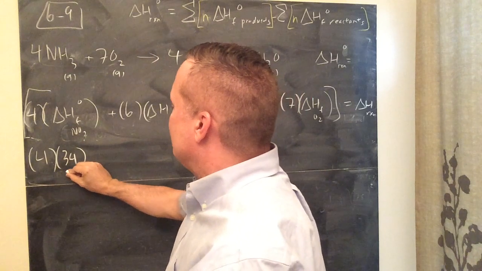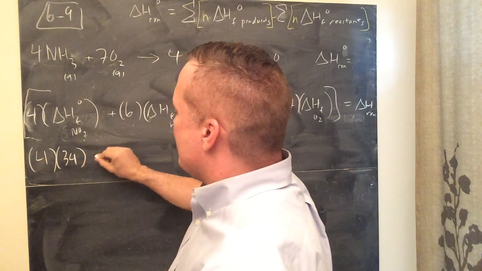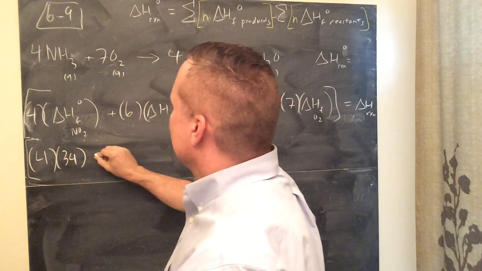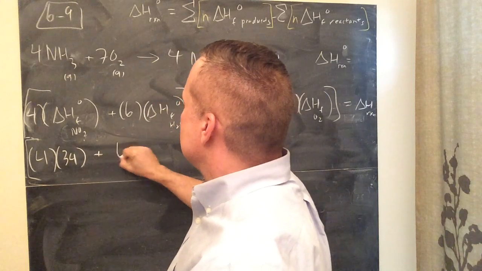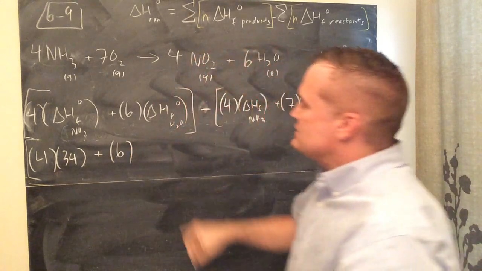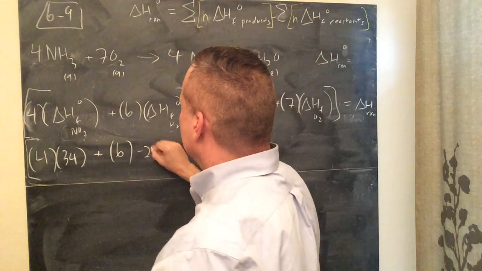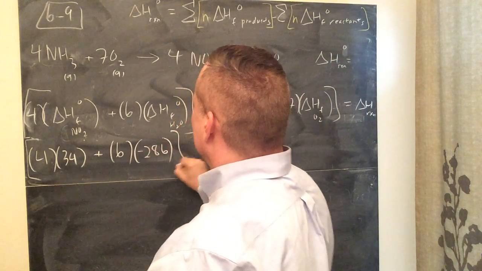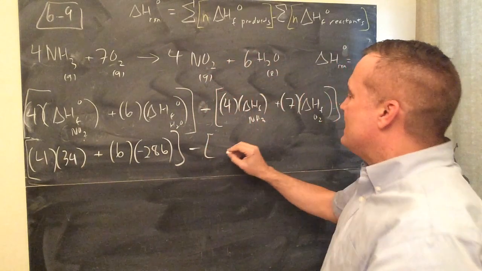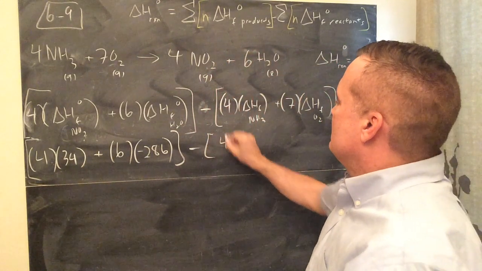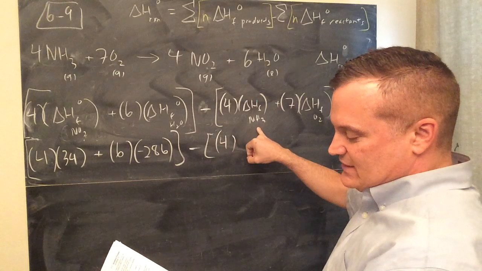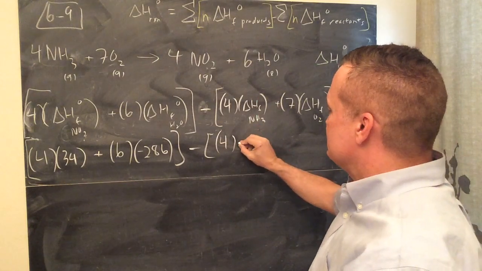I'm not going to add them into this right now, but they should all be in the same units. I'll talk about them in others. 6 times delta H of formation of H2O liquid is negative 286. Minus 4 times the delta H of formation of NH3 gas is negative 46.